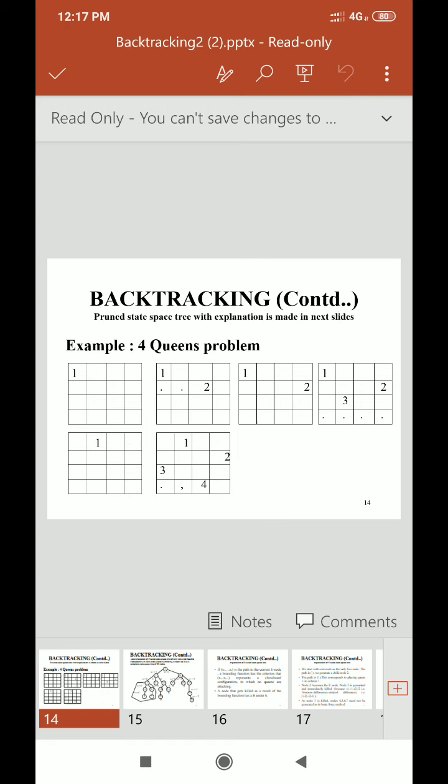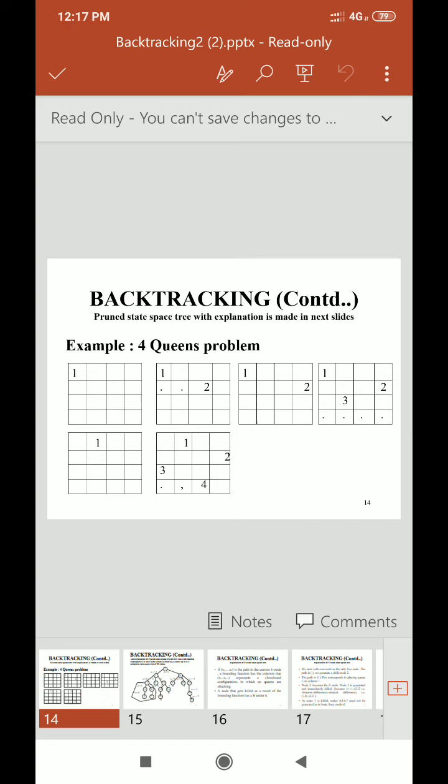So we will go through this n cross n queen problem by using n equal to 4. That means we will take a 4 cross 4 chessboard on which 4 queens are to be placed such that they should not kill each other. And you know that queens can kill along the diagonals in both directions, on the same row, and on the same column.